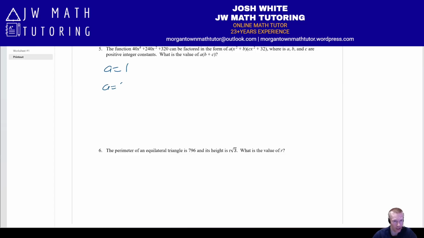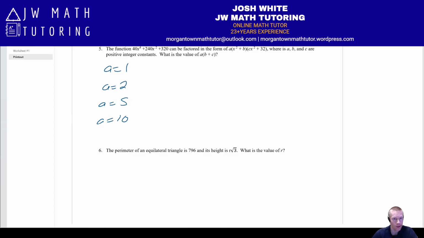You could also do a equals 2, a equals 5, or a equals 10. You can't go above that, because once you pull out a 10, the 320 turns into 32, and you can't go any lower, because then you couldn't have 32 as one of the last numbers in one of the parentheses.